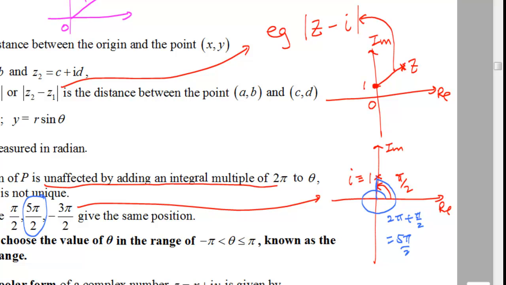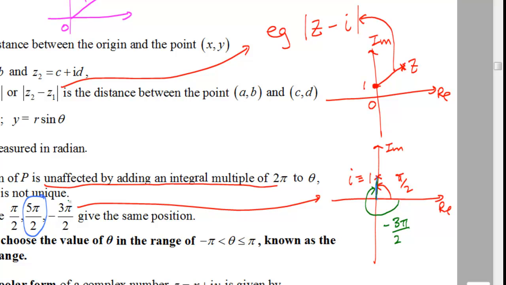On the other hand, we can go from the positive real axis to reach the same line that represents the complex number i, and we have this angle that I marked out in green, and that will be negative 3 pi over 2, negative 270 degrees. It's negative because it's in a clockwise direction.